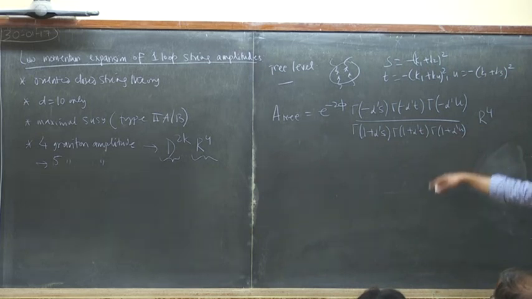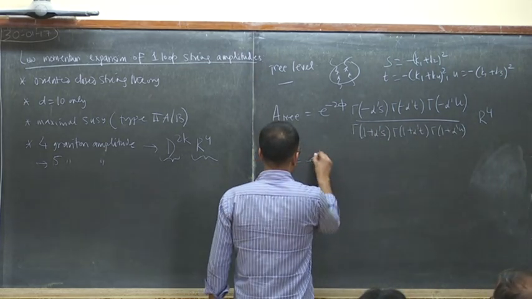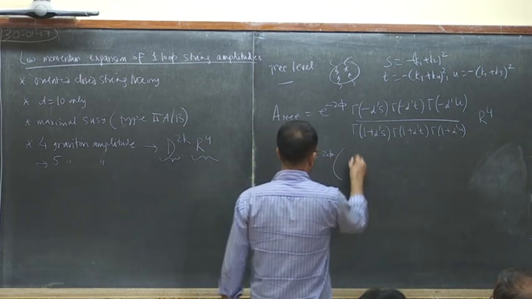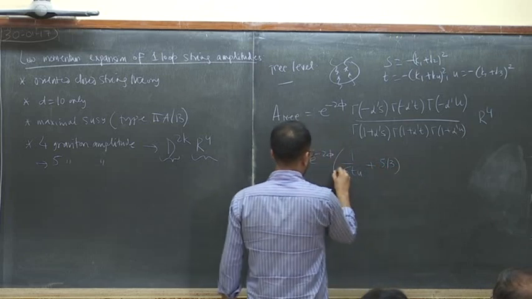So let me write down the answer when you expand. There is an expansion in small alpha prime, and I'll write down the answer. You get 1 by u plus this thing.